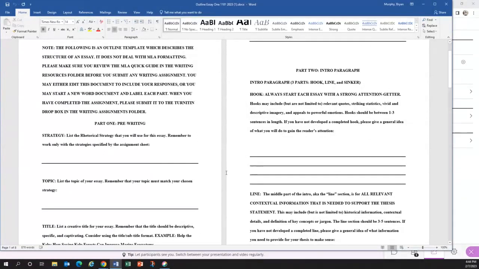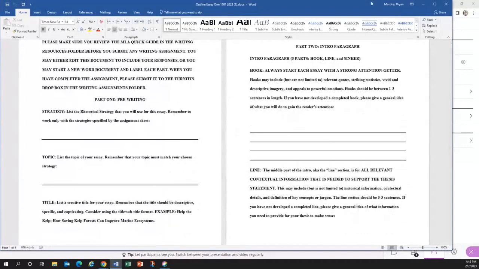And remember, you don't have to have all of this stuff polished and worked out to the point where it's absolutely finished. But if you don't know your hook specifically, but you're thinking maybe a striking statistic about, you know, how many packets of ramen noodles are eaten globally worldwide every year, you know, that kind of thing, you can just list what your idea for a hook is if you don't have the actual hook. Next comes the line.